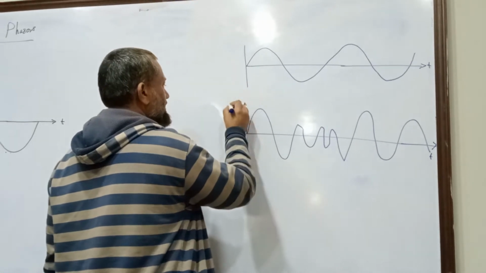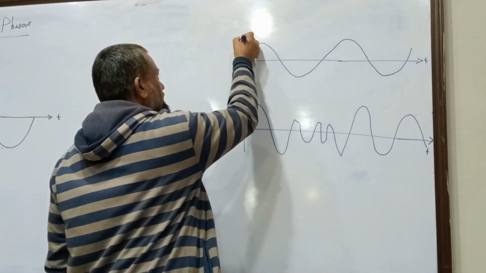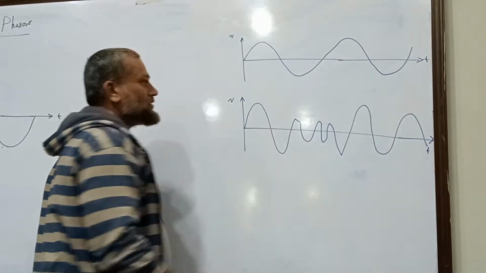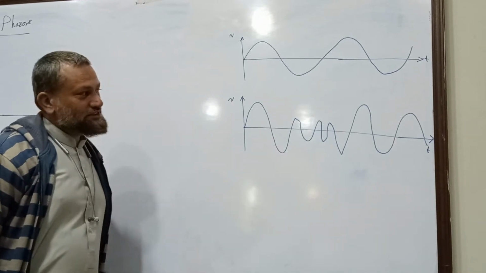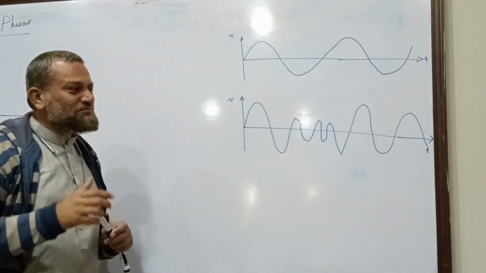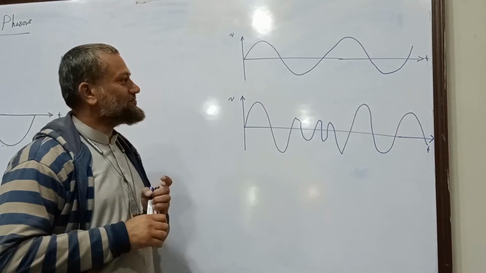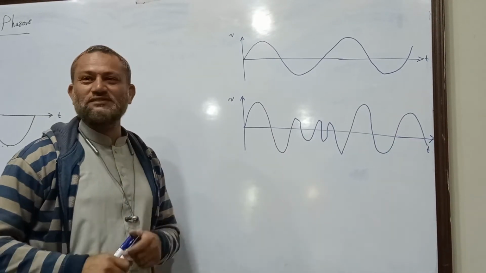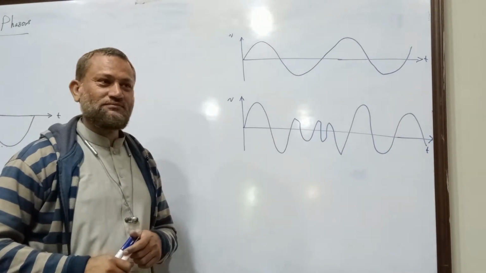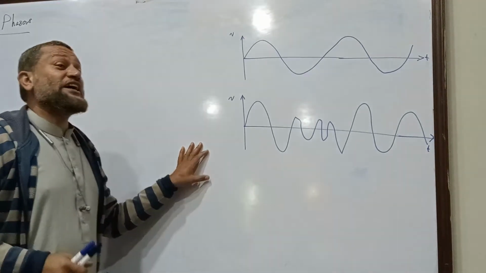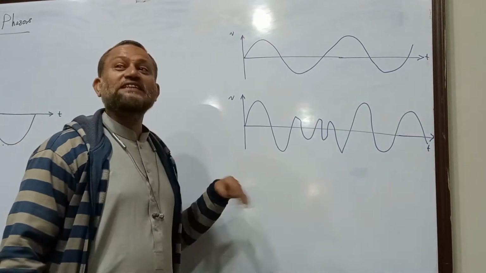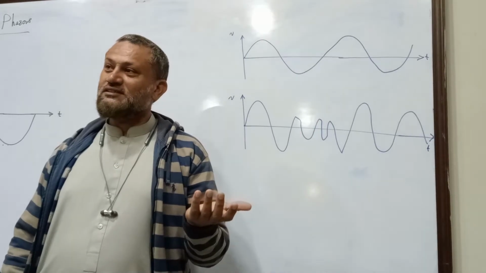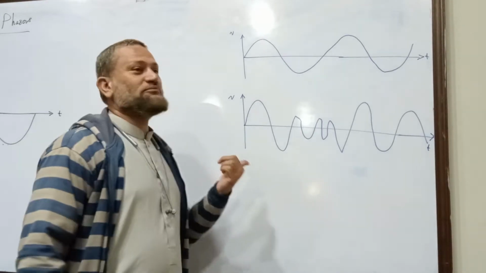For example, here it is the voltage value. But look over here. There is a difference between these two waves. One wave changes periodically. Another one is non-periodic.